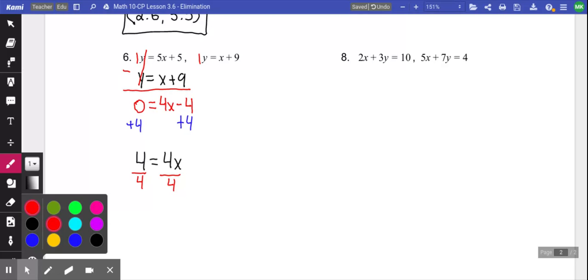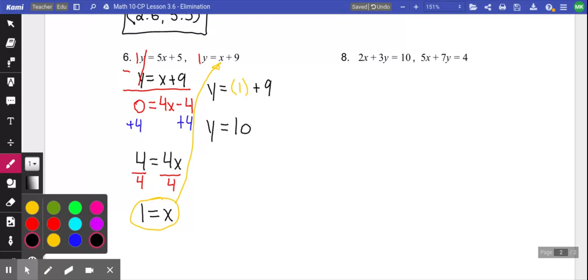When I divide both sides by 4, I get 1 equals x, which is the first half of your answer. Remember, you use that in my next equation to solve for y. That means y equals 1 plus 9, which is 10. So your answer should have been 1, comma 10.